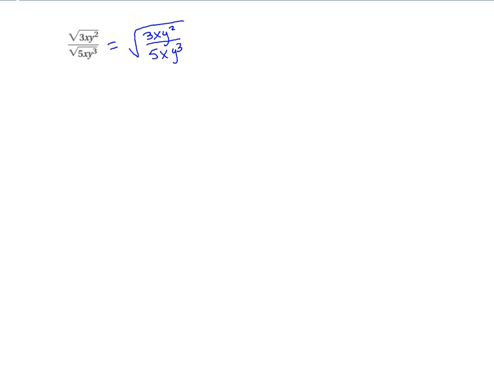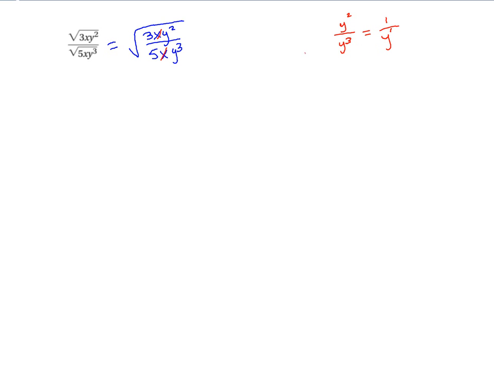So we're going to switch it over here to red, and what we're going to notice here is that these x's cancel out, and then whenever we have y squared over y cubed, you divide out, and what happens is you do subtraction for your exponents, and so you end up with 1 over y to the first.